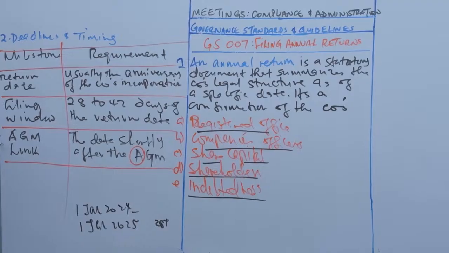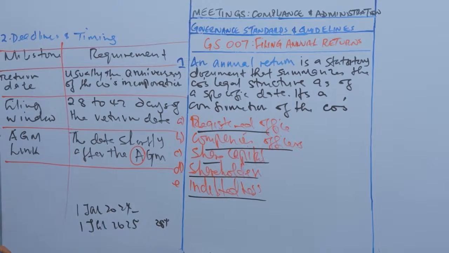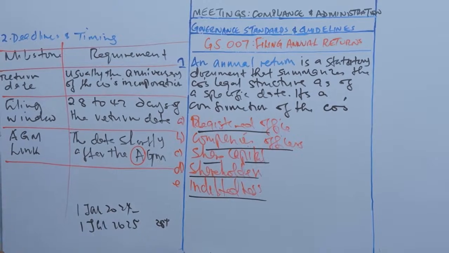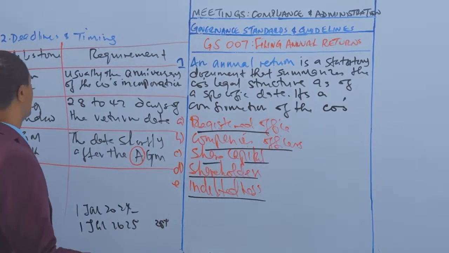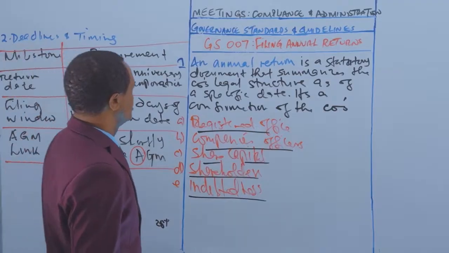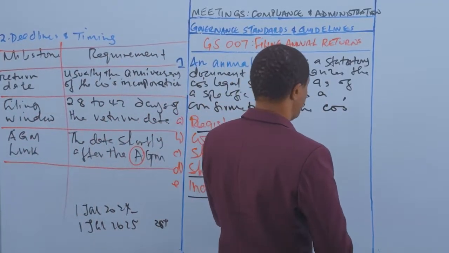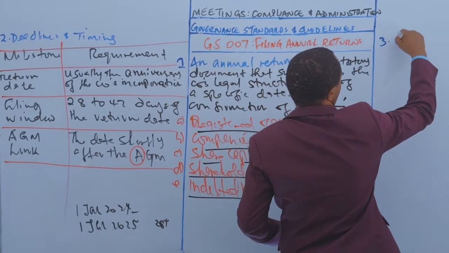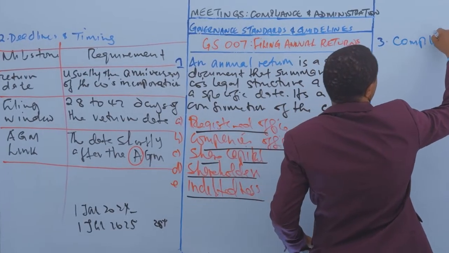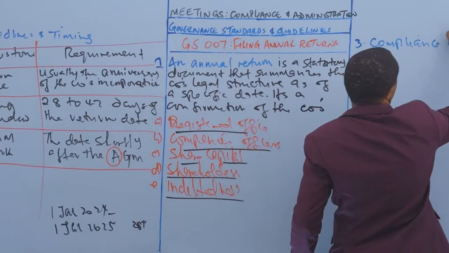The GS 007 also has what we call a compliance check. To fulfill this standard, there are steps that must be undertaken. So what is the compliance check? This is number 3, compliance check.